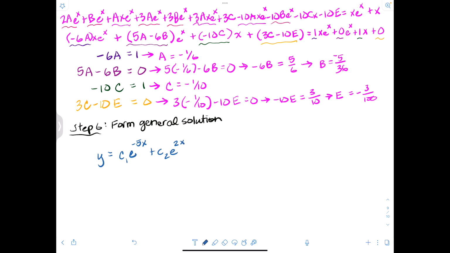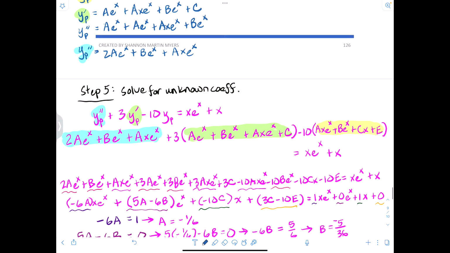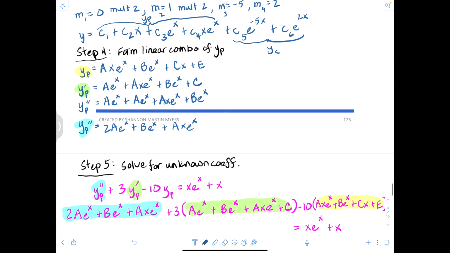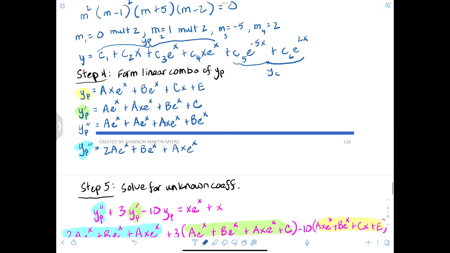Now we're going to start with the particular. So we had a times x e to the x, right? Well, what was a? Negative 1/6. So minus 1/6 x e to the x. Cool so far? B was 5/36, and that was paired with e to the x.